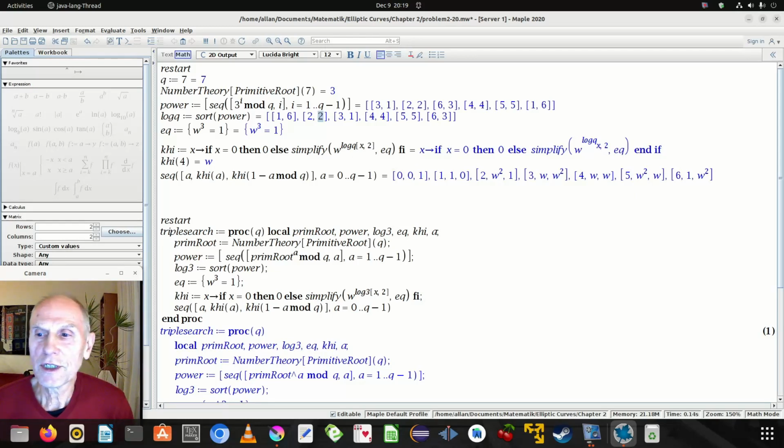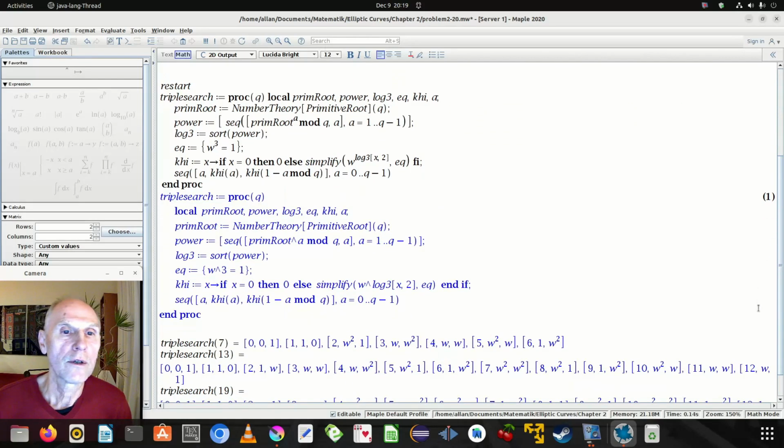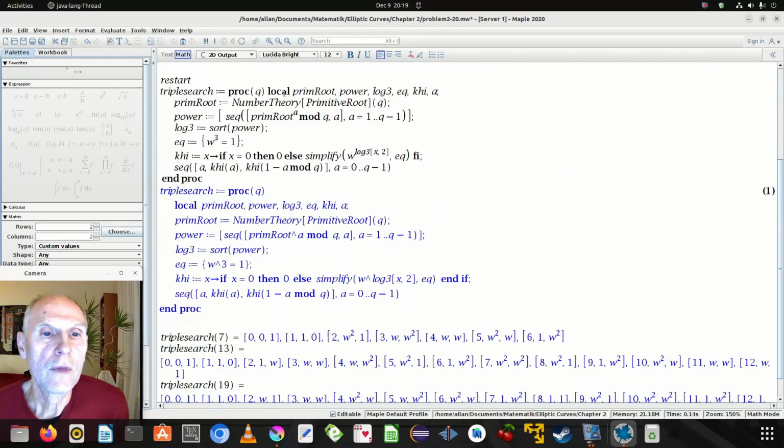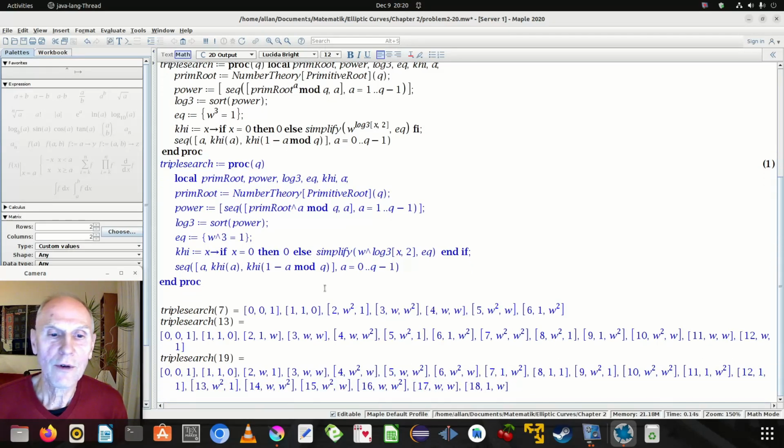I define the procedure, doing the same stuff, and it only works with prime numbers as I've programmed it. And then we find out how the different powers combine.